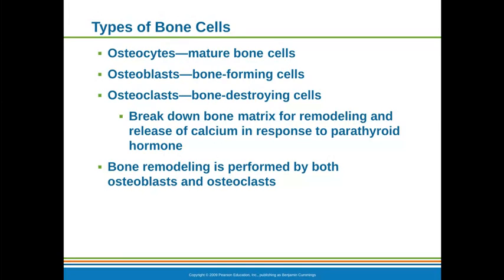Well, we exert a lot of force on our skeletal system, and we need to continuously repair it and maintain it. The breakdown of bone matrix, remodeling, and the release of calcium is done by the osteoclast. So if your blood calcium level gets very low, your osteoclasts will begin to break bone down to release that calcium. Then your osteoblasts would remove it from the blood and get it back to the appropriate level.